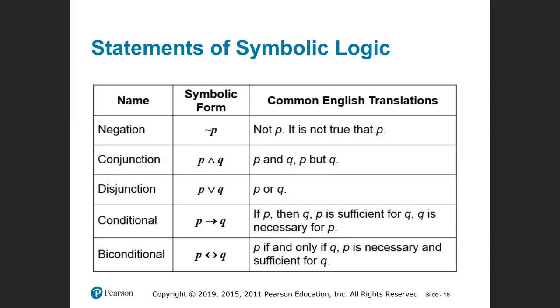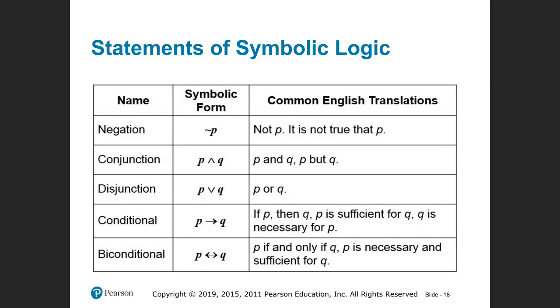So we're going to review the different statements of symbolic logic that we just talked about. The negation in symbolic form is a little wavy line before the letter. And the common English translations, not P. It is not true that P. Conjunction is the and.